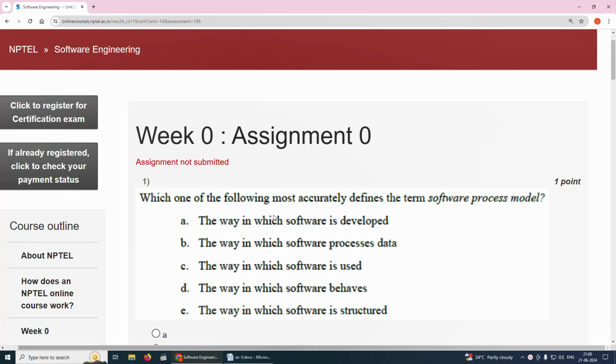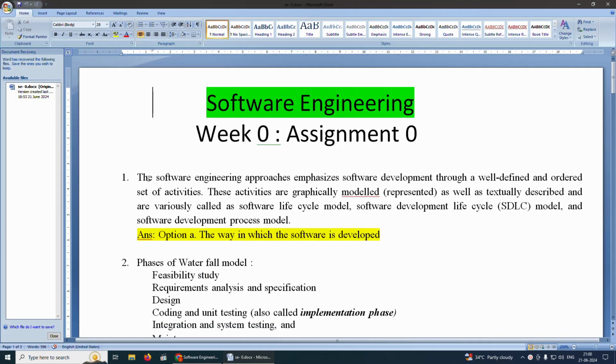Which one of the following most accurately defines the term software process model? The answer: the software engineering approach emphasizes software development through a well-defined and ordered set of activities.